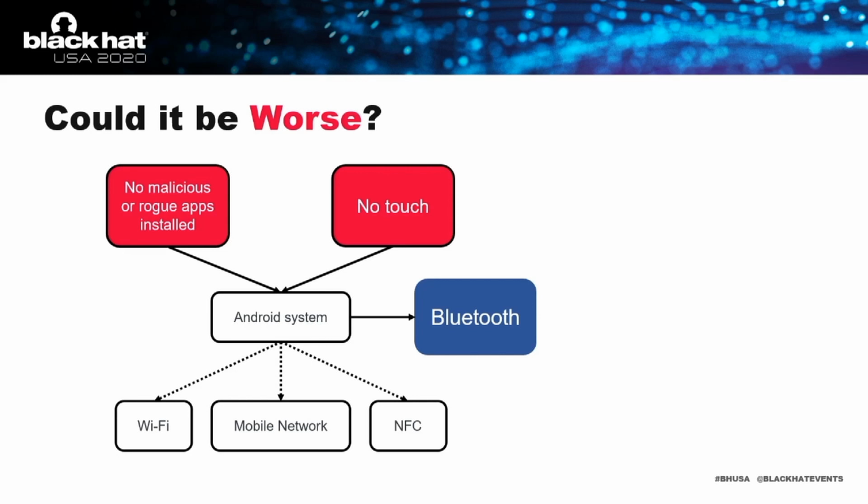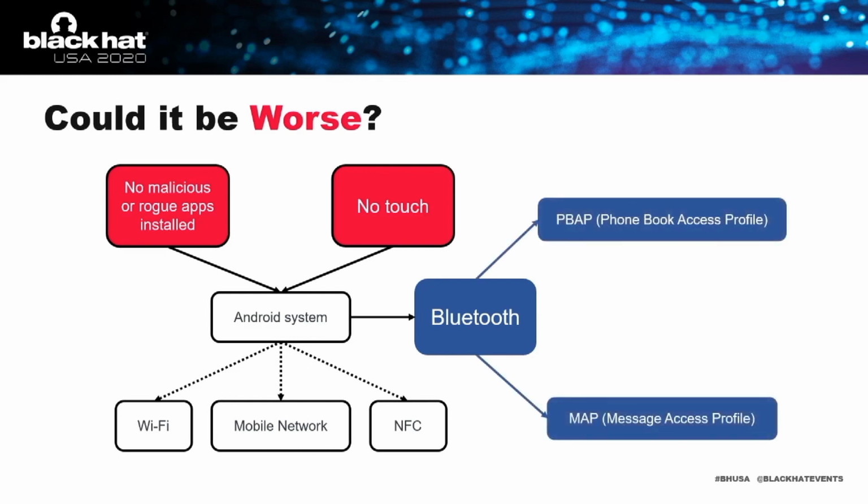And finally, Bluetooth provides two profiles: PBAP, the Phonebook Access Profile, and MAP, the Message Access Profile. As their names say, these two profiles provide services for remote Bluetooth devices to access the local phonebook and short messages. Let's see if using these two profiles can achieve our goal.